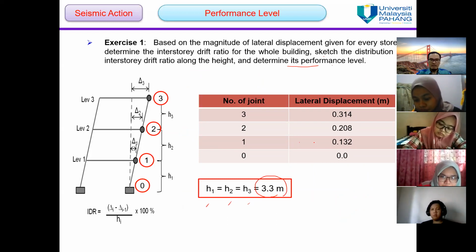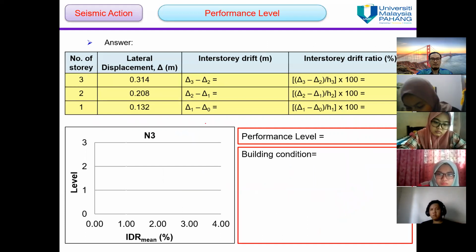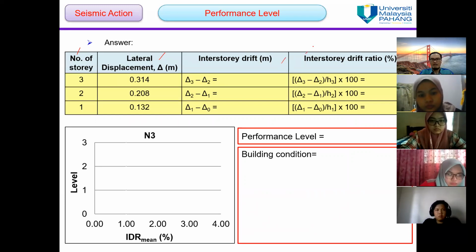I advise you, in the exam or in the test, you must be able to answer in the form of this table. You must be able to create this table: the number of story, lateral displacement for every story, interstory drift, and then the interstory drift ratio. It will be easier for you to determine.